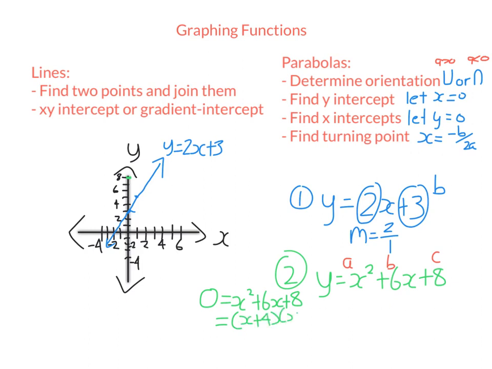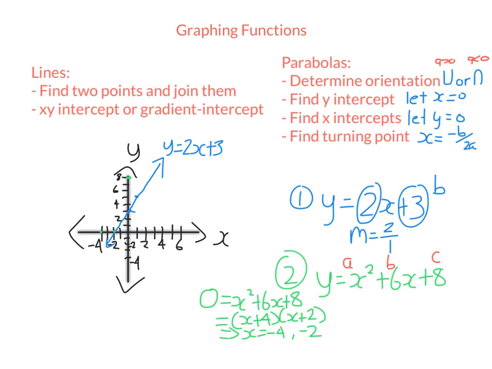Finding 2 numbers that multiply to 8 and add to 6, we factorize it like so. By the null factor law, either the first bracket equals 0, which would mean x equals minus 4, or the second bracket equals 0, x would be minus 2. So that means that the 2 intercepts are minus 2 and minus 4.